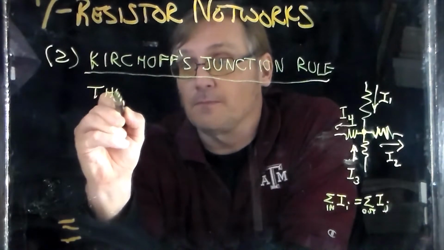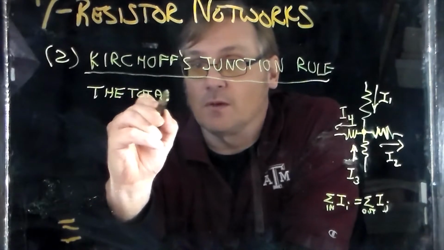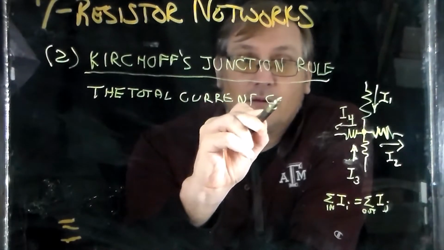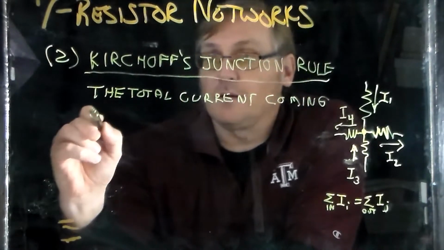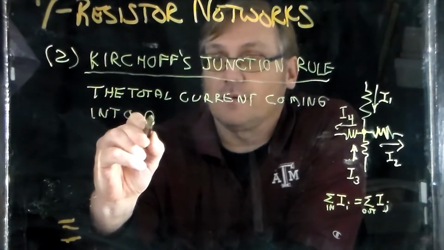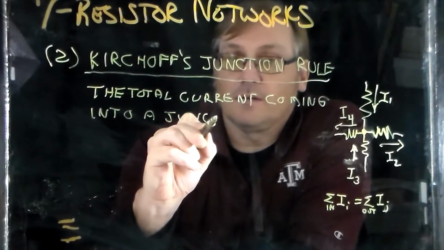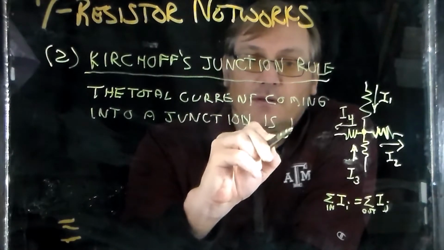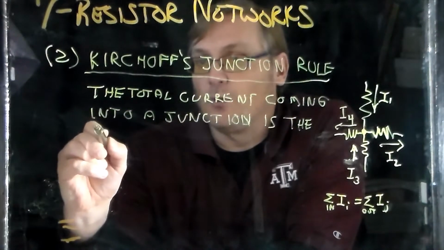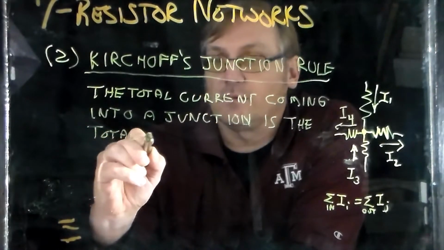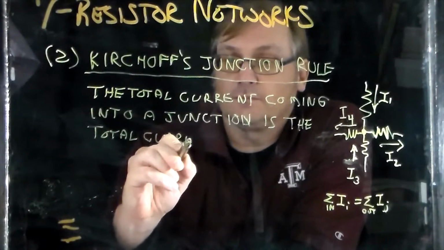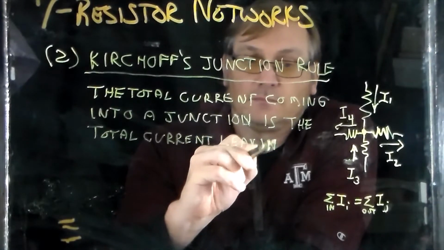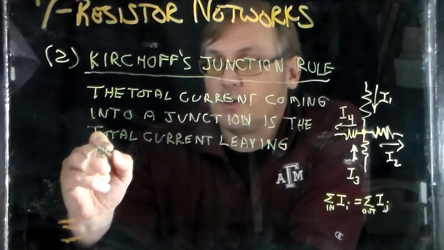The total current coming in is the total current leaving a junction.